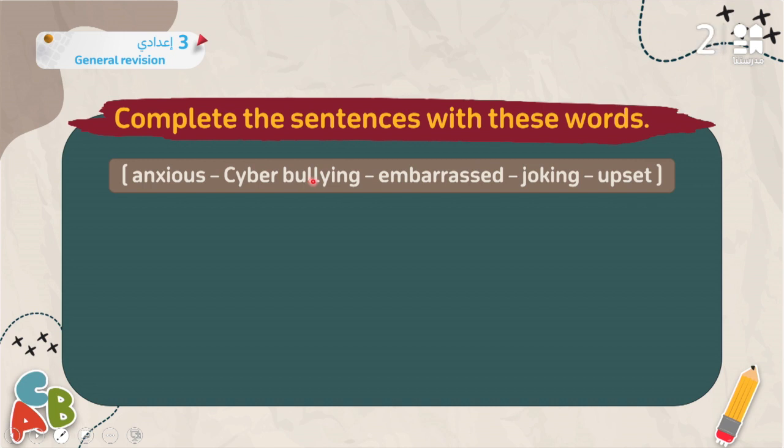Cyberbullying is bullying on the internet اللي هو التنمر الإلكتروني أو التنمر عبر الإنترنت. Embarrassed يعني when something embarrassing happens you feel shy or you feel embarrassed يعني أشعر بالإحراج. Joking from jokes يعني بيقول نكت. Upset means sad or not happy يعني زعلان من حاجة.